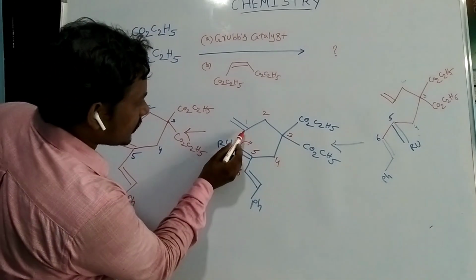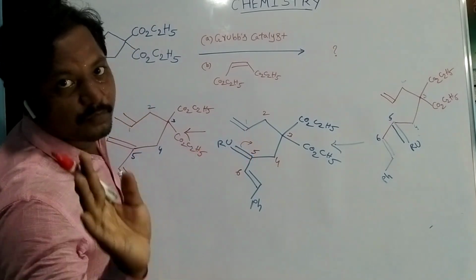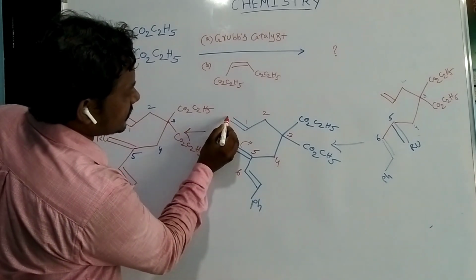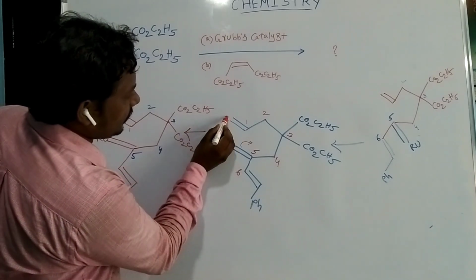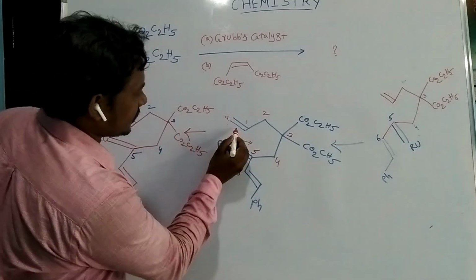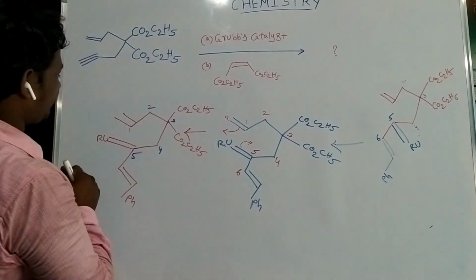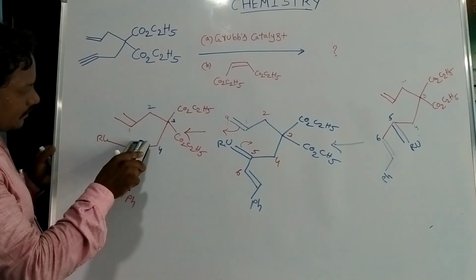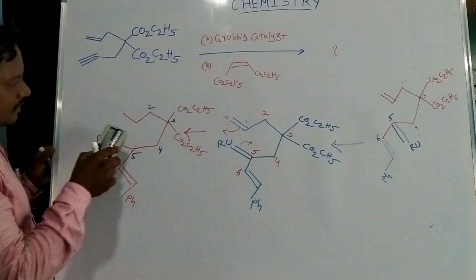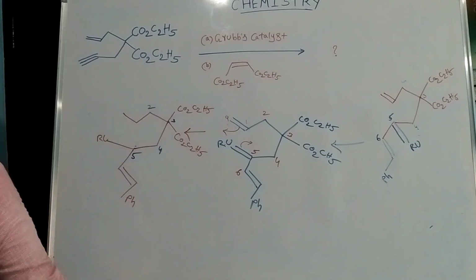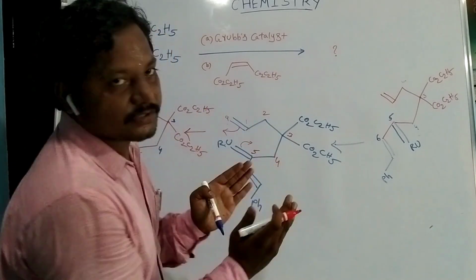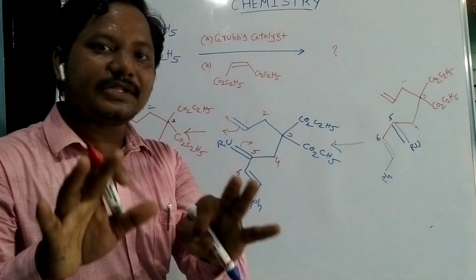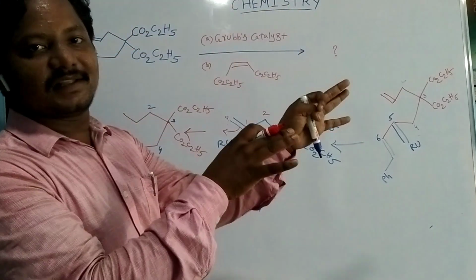Similarly, this I call A, and between A and B another bond forms like this. Did you understand? Here again, what is going to happen? Again olefin metathesis. That's why I discussed what olefin metathesis is previously.